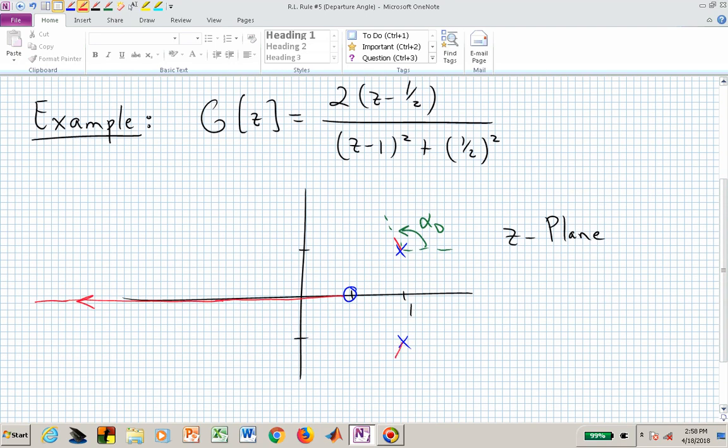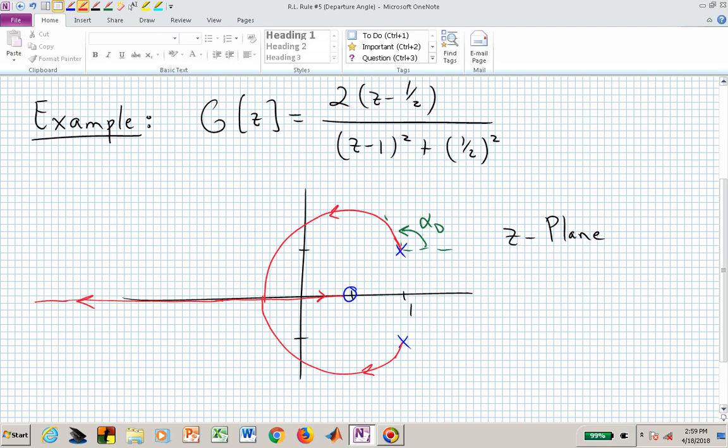We want to know, how does that depart and then come back in to the real line and produce some root locus that might look like what I've just sketched.